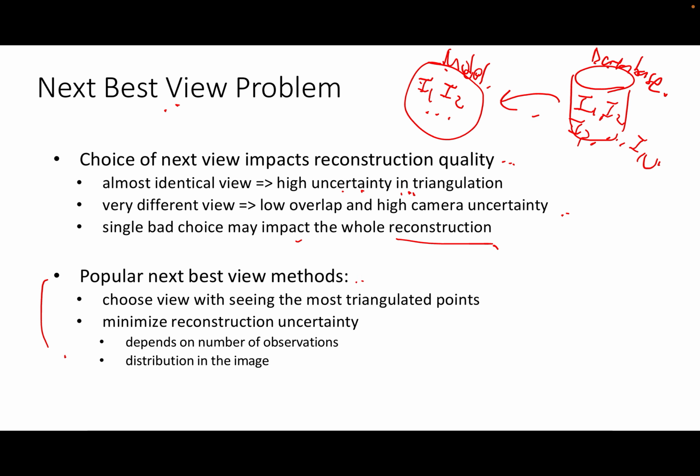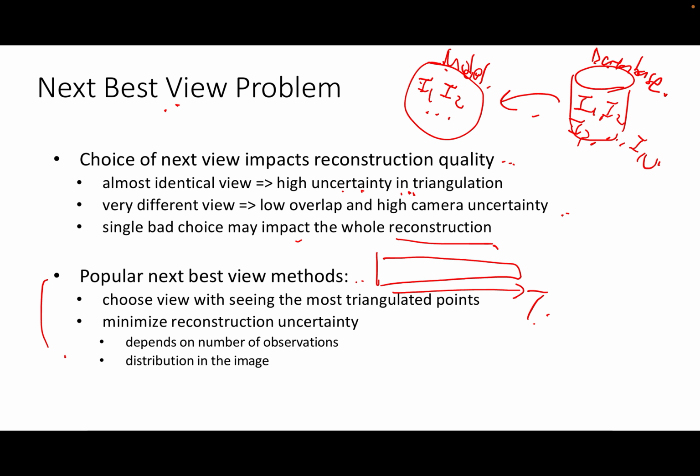Actually, one of the most popular next best view methods is, assuming we have a video, just getting the next frame from the video, because if we take a video, adjacent frames might have very similar images, so they have lots of matches. Unless the camera is moving very slowly, the baseline between adjacent frames might be enough. That is our assumption.